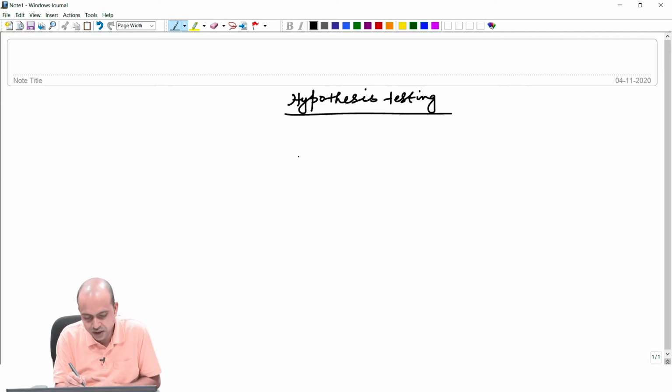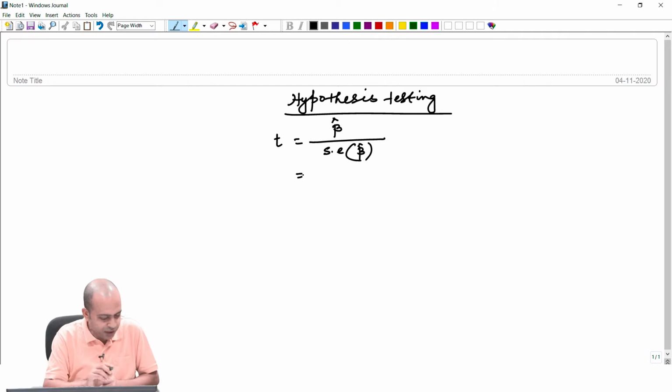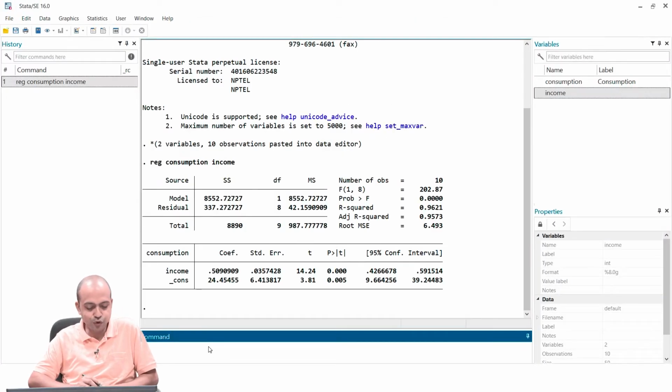The decision rule says that we have to first construct the t-statistic, and that is beta hat divided by standard error of beta hat. In this particular case, beta hat is 0.5090, and the standard error is 0.0357.